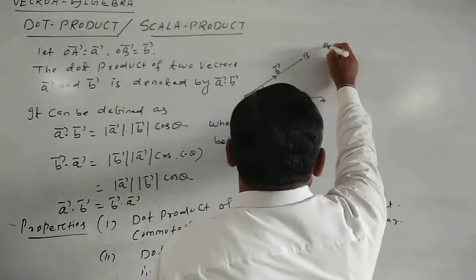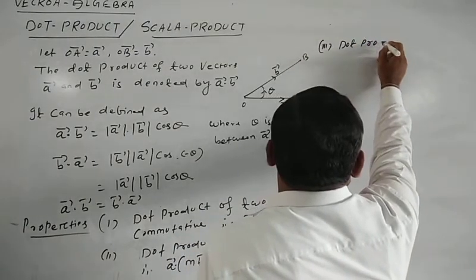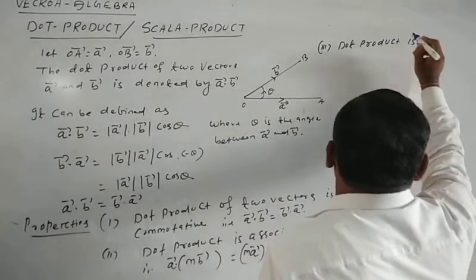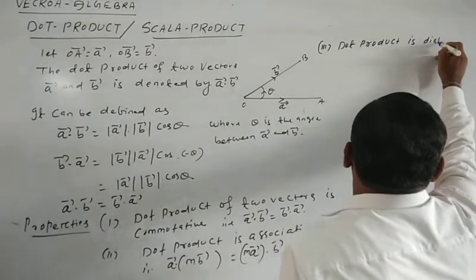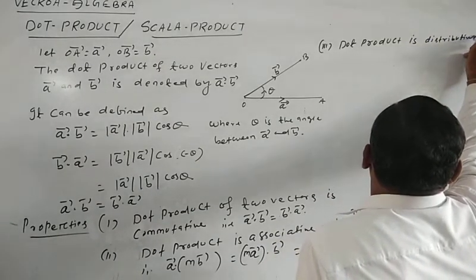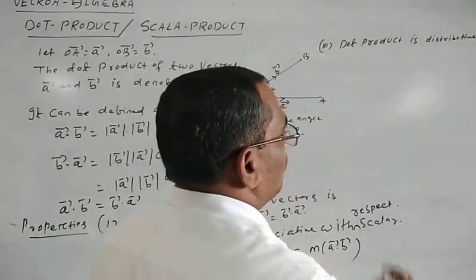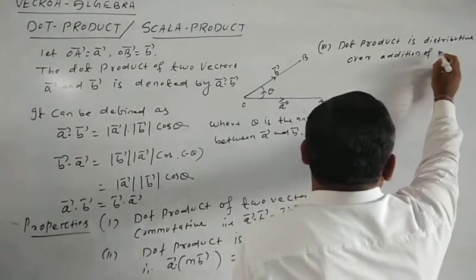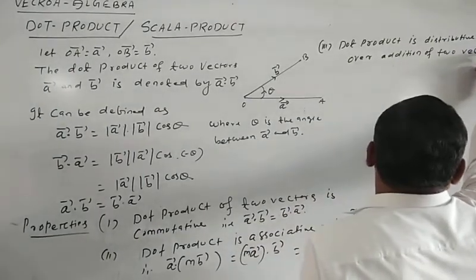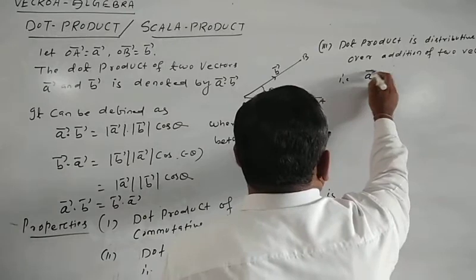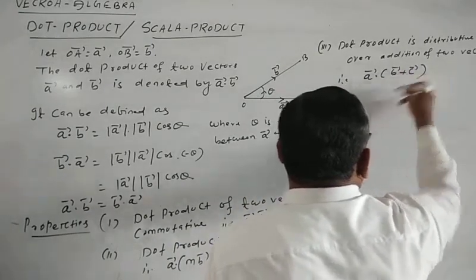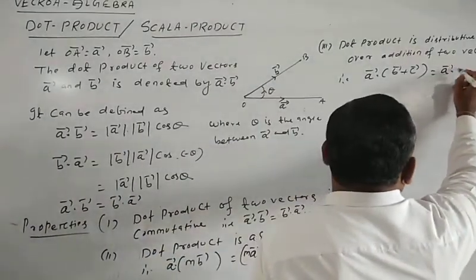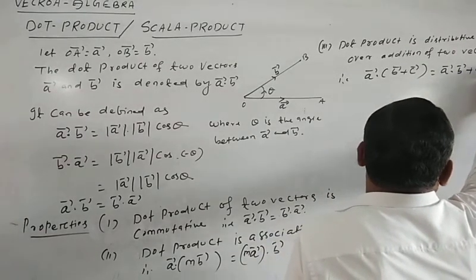Third property, the dot product is also distributive over addition of two vectors, that is A vector dot B vector plus C vector equal to A vector dot B vector plus A vector dot C vector.